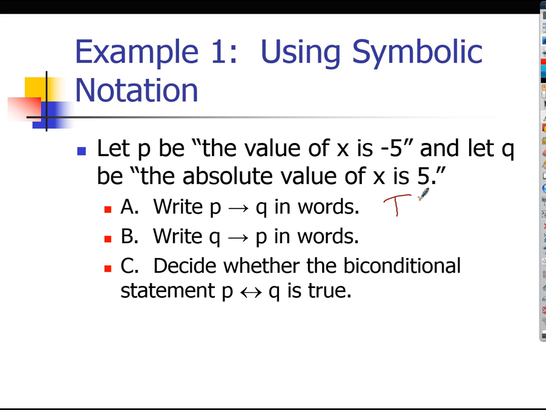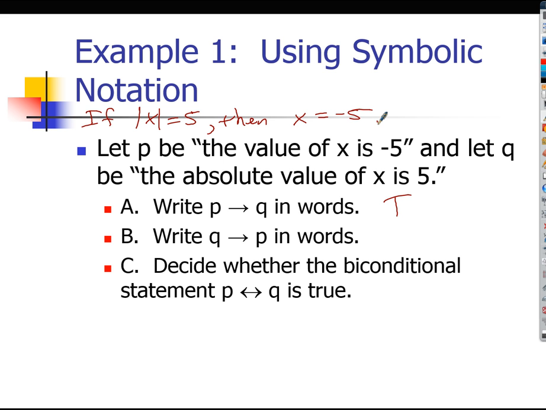If we have to come up with a counterexample, let me write this statement real quick. So if Q then P says if the absolute value of x is 5, then x equals -5. I'll just write it using math. It's kind of our shortcut math way of saying that, right?